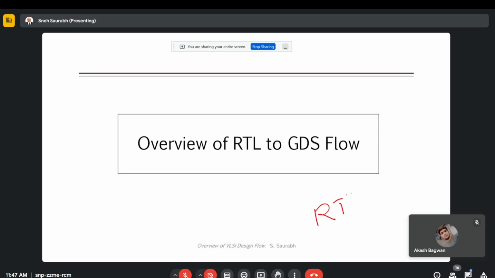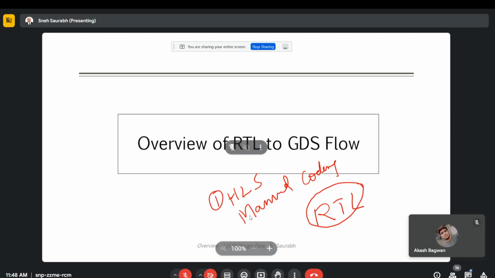This RTL can be obtained either using, say, high level synthesis, or by manual coding, meaning that we write the Verilog and VHDL code for the given specification. So first one could be high level synthesis, the second one could be manual coding, and third would be maybe we have this IP already, right?